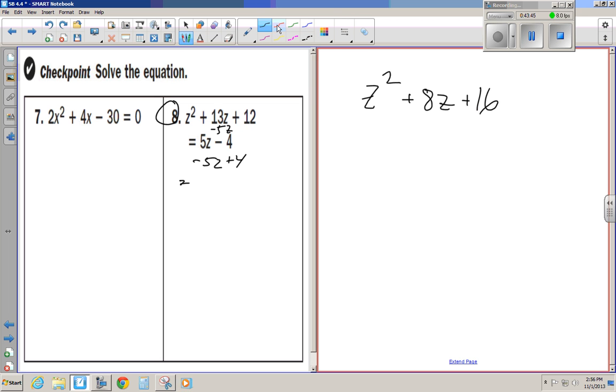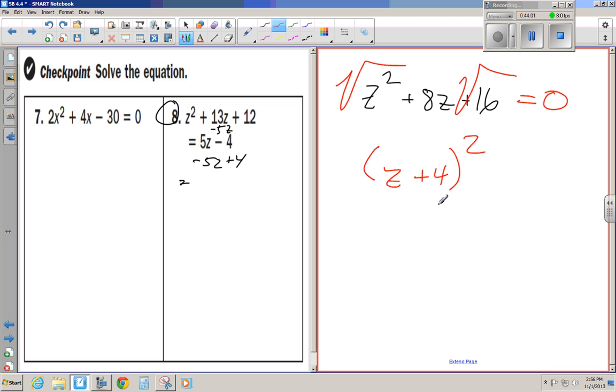Please notice perfect square. I hope the answer is this. Let's check. 4 times 4 is 16. 4 plus 4 is 8. Good to go. If this is equal to 0, then z plus 4 equals 0, and z equals negative 4.